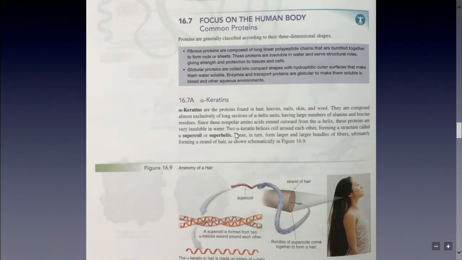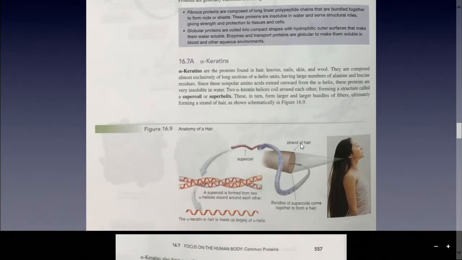So what's going to happen is two alpha keratin helices will coil around each other to form what's called a supercoil, or sometimes a superhelix. These in turn will form larger and larger bundles of fibers, ultimately forming a strand of hair, as shown in this schematic. This is interesting.